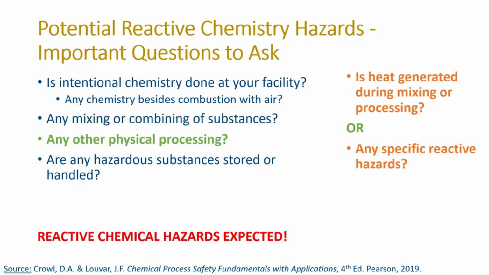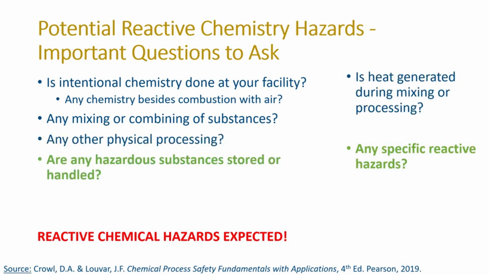A third situation where we expect there to be reactive chemical hazards present at the facility is if we could answer yes to the question of any other physical processing other than mixing or combining of substances, and also yes to one of these two questions of, is there heat generated during mixing or processing, or again, are there any specific reactive hazards with the substances involved in the physical processing steps?